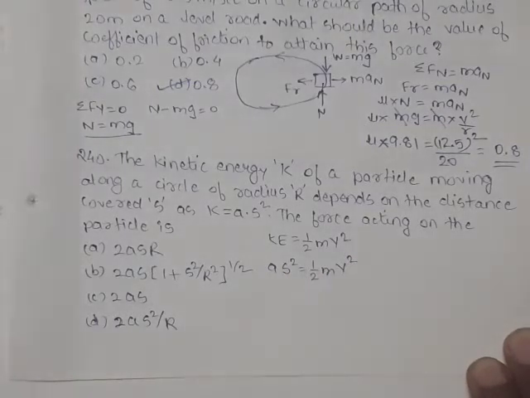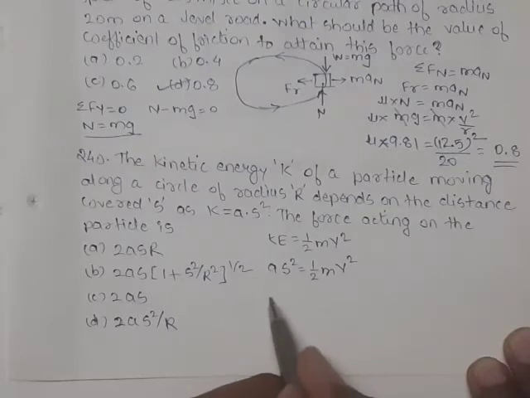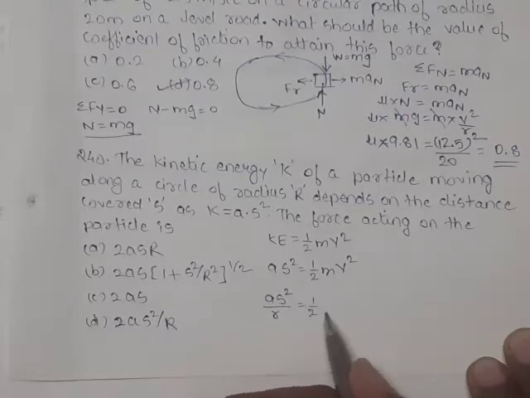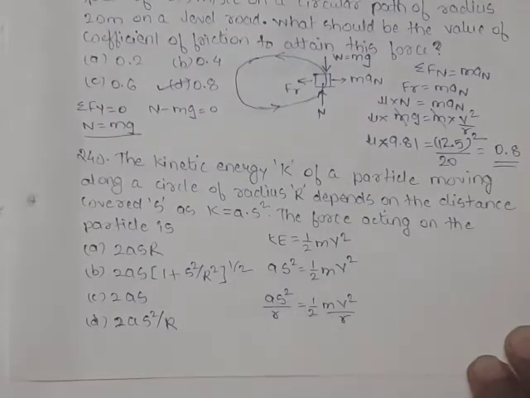Now here we'll divide both sides by the radius, that is r. On both sides we are dividing by r, that is a s square upon r equal to 1/2 mv square upon r. Now we'll rearrange this, I will take the 2 over here: 2 a s square upon r equal to mv square upon r.